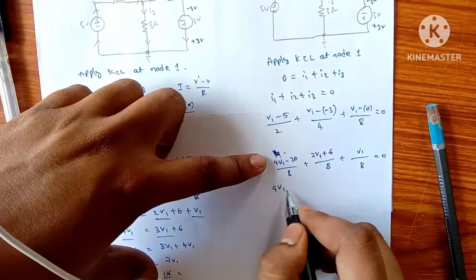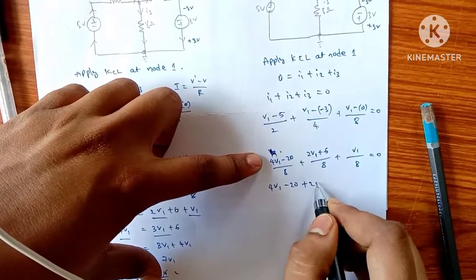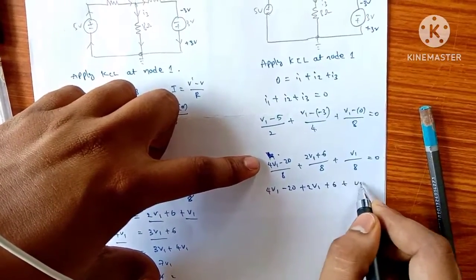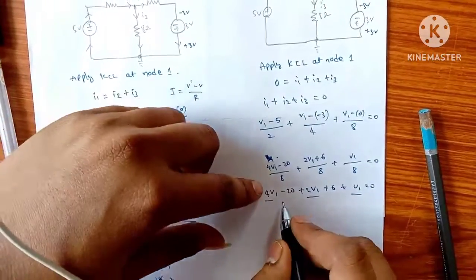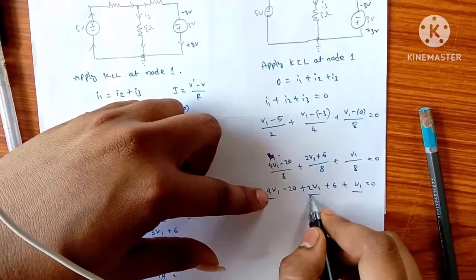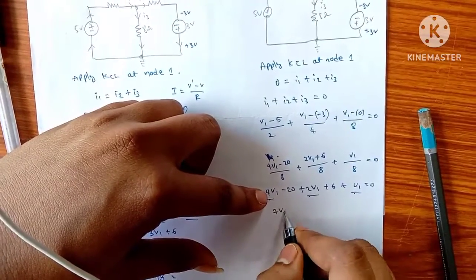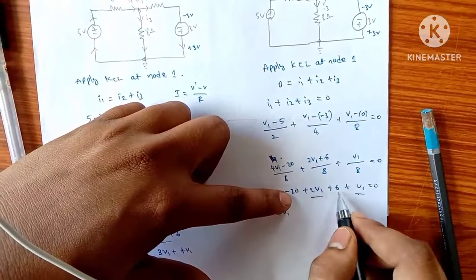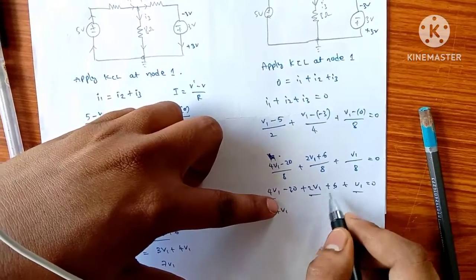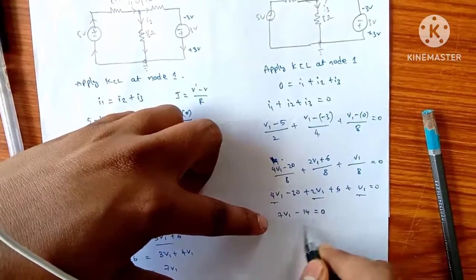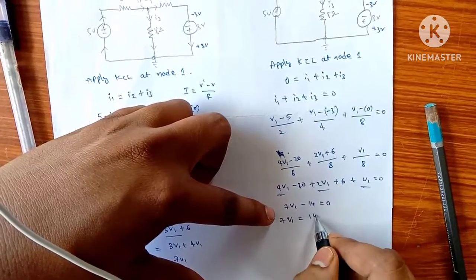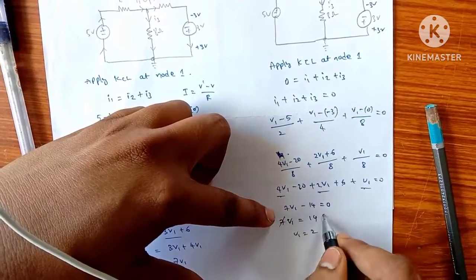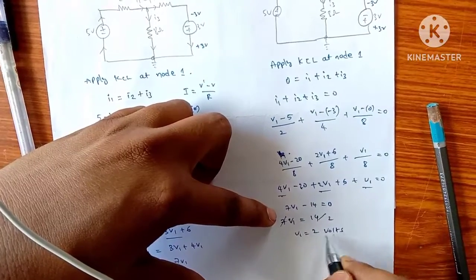So we are left with 4V1 minus 20 plus 2V1 plus 6 plus V1 equals 0. If we write V1 as common term, 4 plus 2 is 6, 6 plus 1 is 7, 7V1, and minus 20 plus 6 is minus 14 equals 0. Then 7V1 equals 14, V1 equals 2 volts.